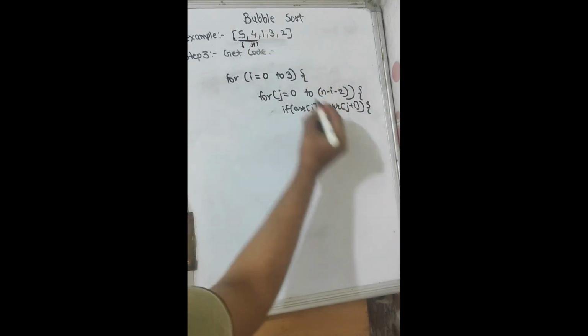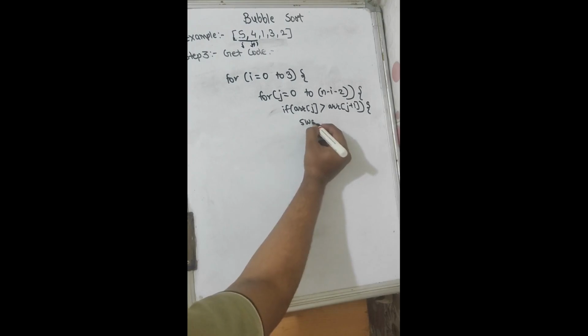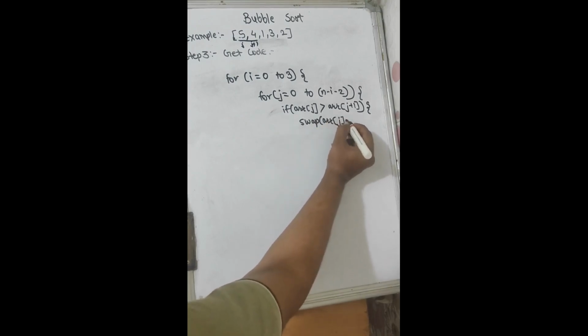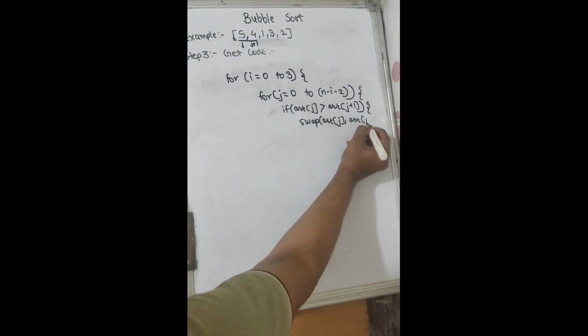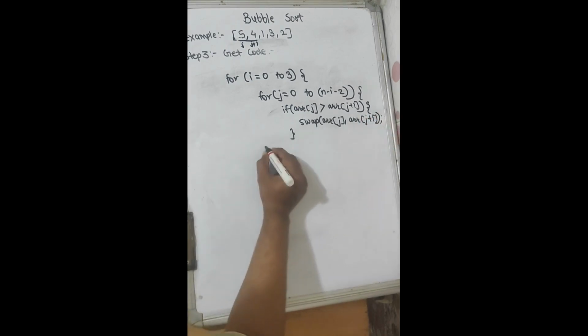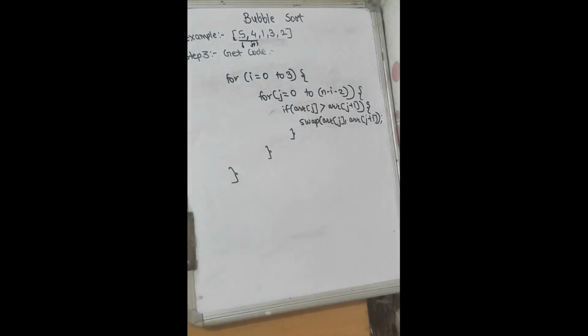If 5 is greater than 4, then we will swap array of j and array of j plus 1. So this will be the code.